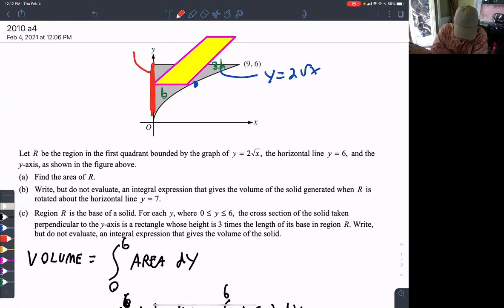The y-axis, you should know it's x equals 0. On the y-axis, x is always 0. That's just something you should know. That is basic, basic, basic.